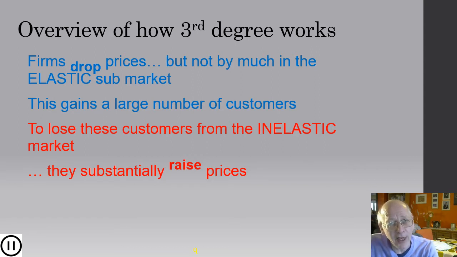But because it's an inelastic market and consumers want that particular product, they can raise the price by quite a lot. So they don't drop it by much in the elastic sub-market, and they increase it by quite a lot in the inelastic sub-market. And I think from there you can see how firms make their profits. Again, this could be a good place to pause because we're going to get into the diagrams now.